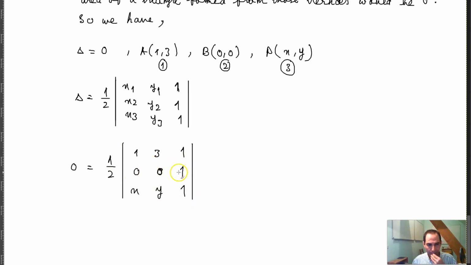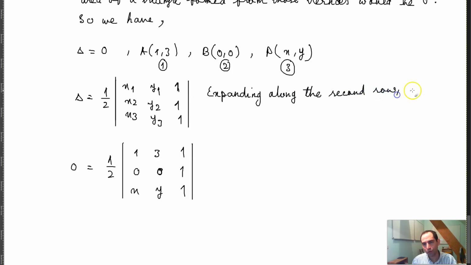Now if I expand along the second row, so this is 0, 0, and 0, the value of the determinant would be 1/2 times -1 raised to the 5th power, since we are in the second row, third column, and times 1.